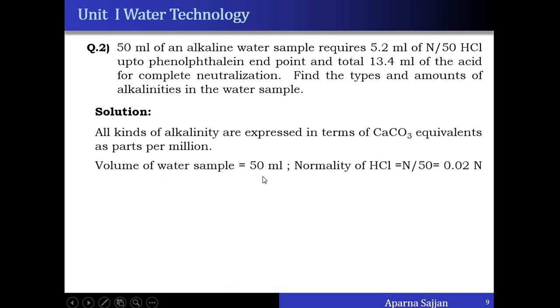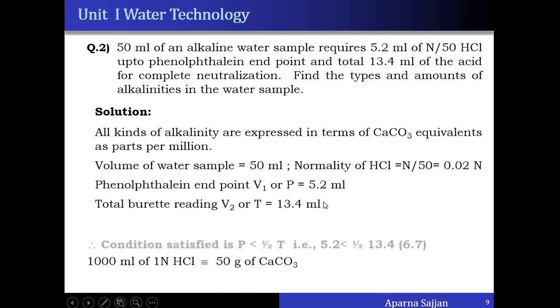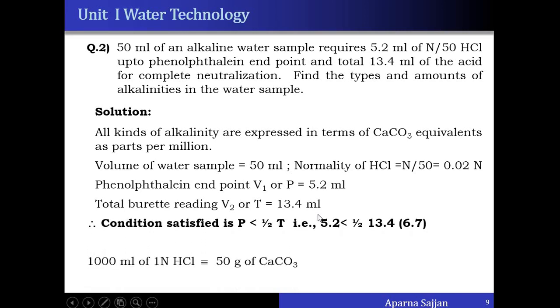So once again, we know that the volume of water sample is 50. Normality of acid comes to 0.02. The phenolphthalein endpoint given is 5.2 and the total endpoint is 13.4. So first we have to find out the condition satisfied, that is P is less than half of total, that is 5.2 is less than half of 13.4.